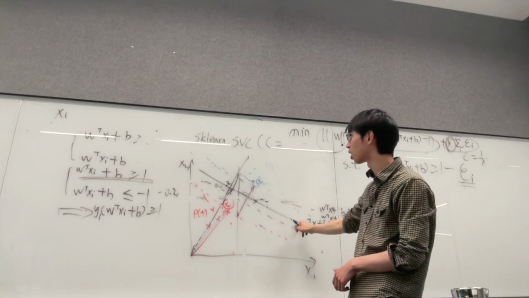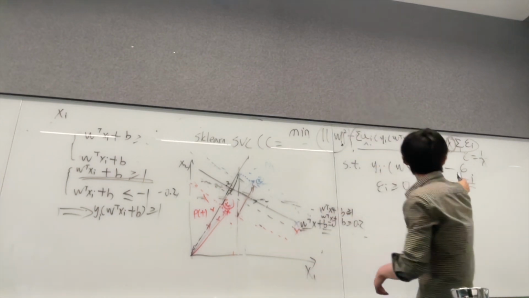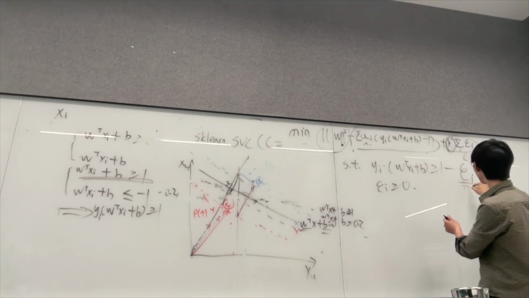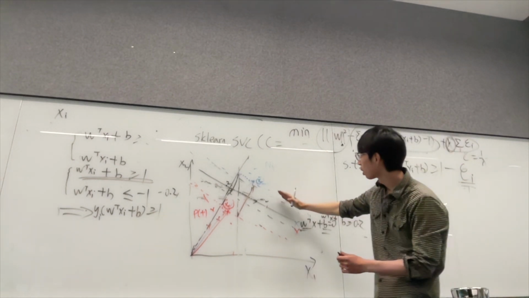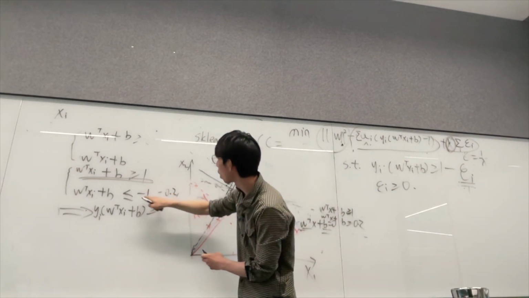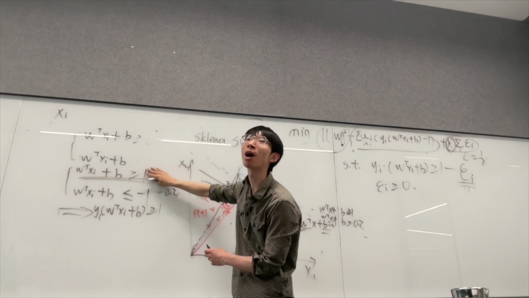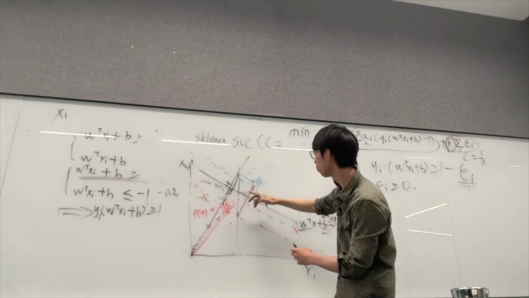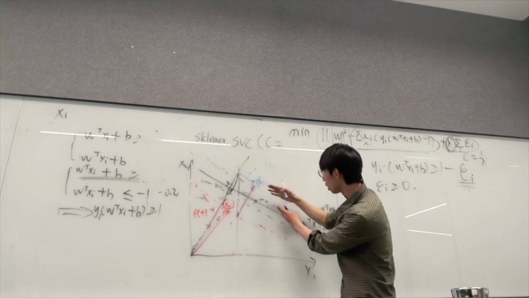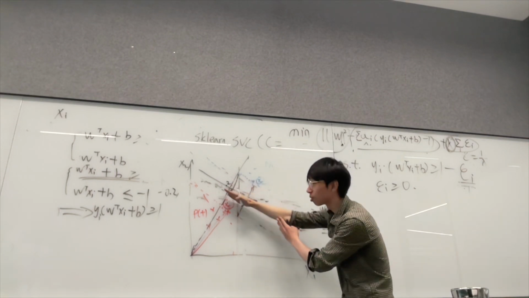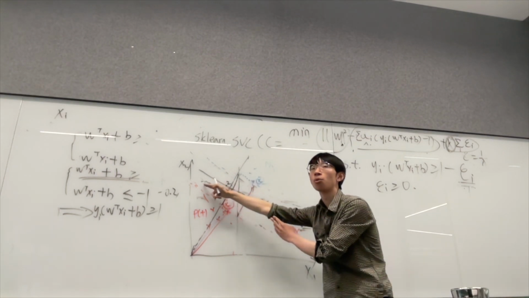This is a loss. If this is larger than 1, you will get 1 minus something larger than 1. It will be negative, right? If it's negative, that means this boundary will be just below this 1.